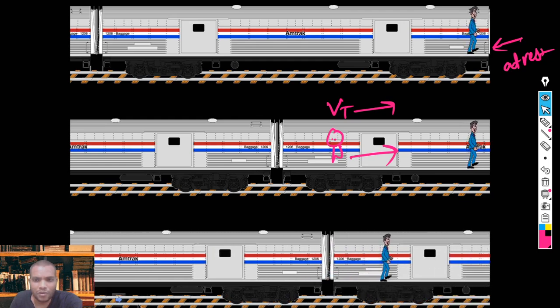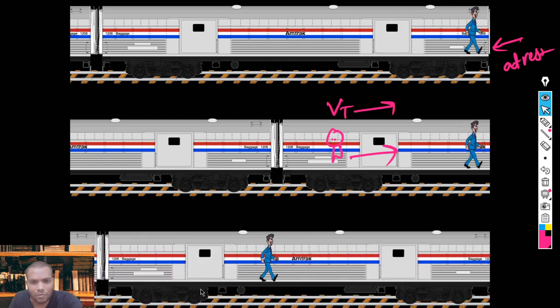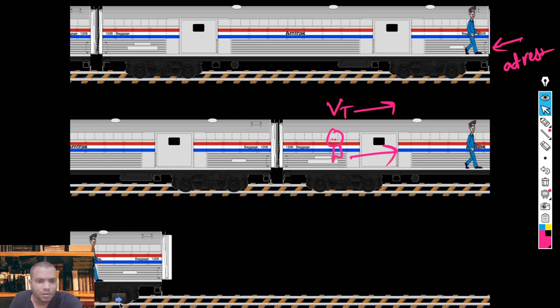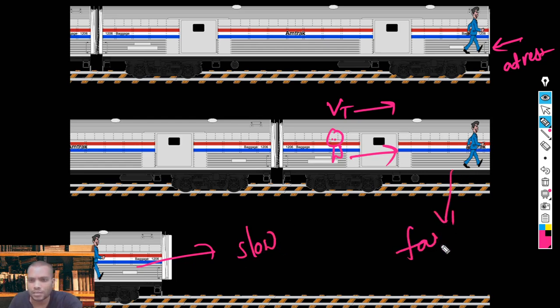If the train is moving backward and you are moving forward, so what do you observe? So in these cases, here you observe you walk slow, and here you walk fast, and here just like normal. Try to guess why it is like that. So I am leaving it to you to explain. So this is all about the direction.